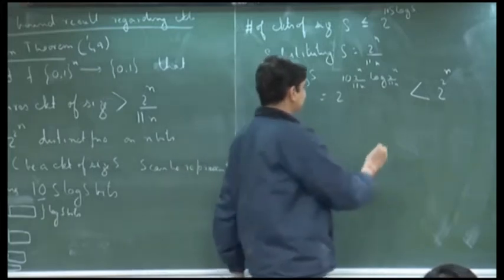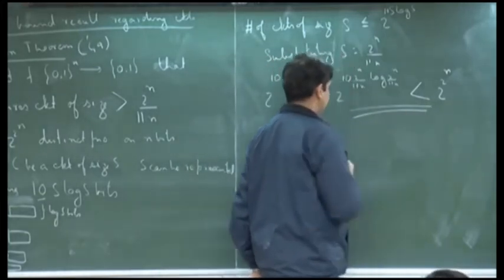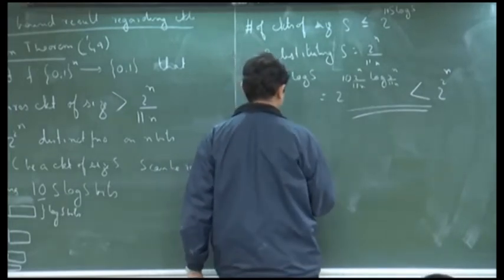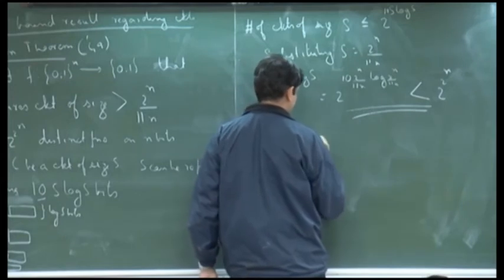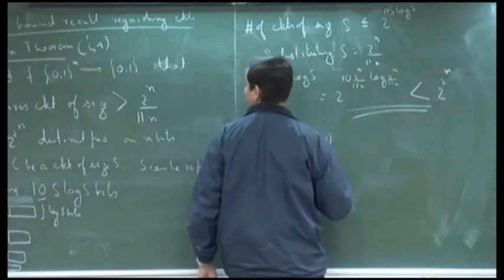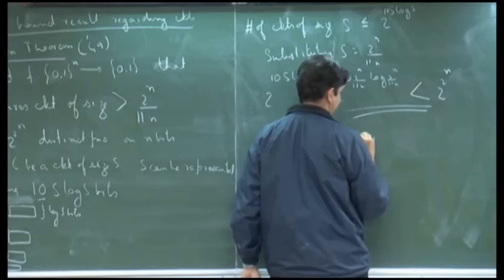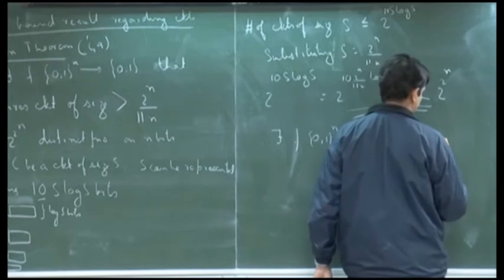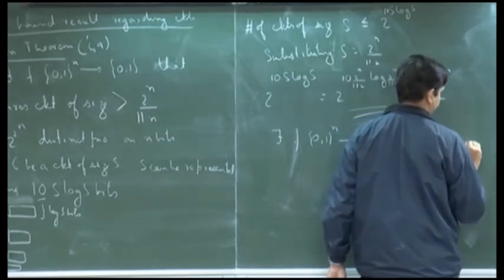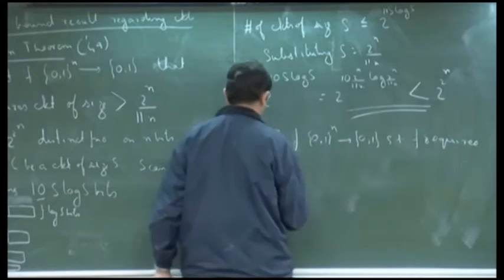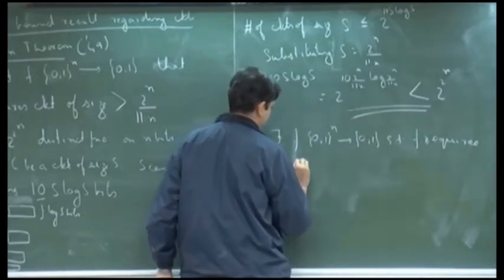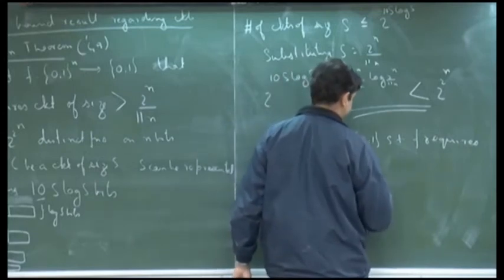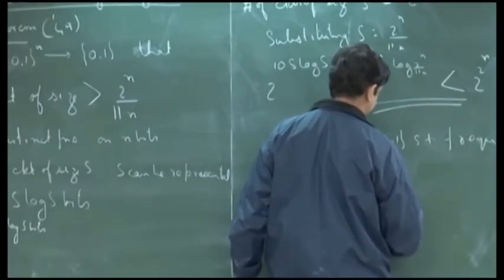So, what this implies is, therefore, there is a function f from n bits to one bit such that f requires a circuit of size strictly greater than 2 to the power n by 11n.